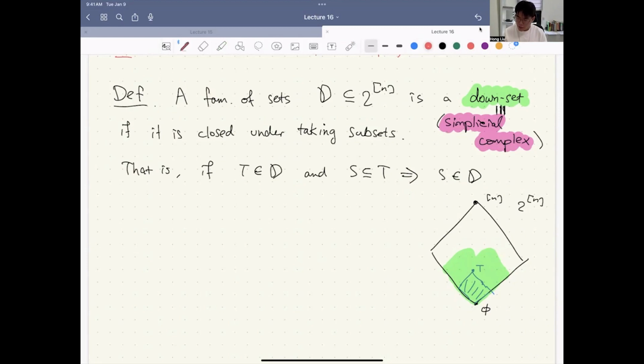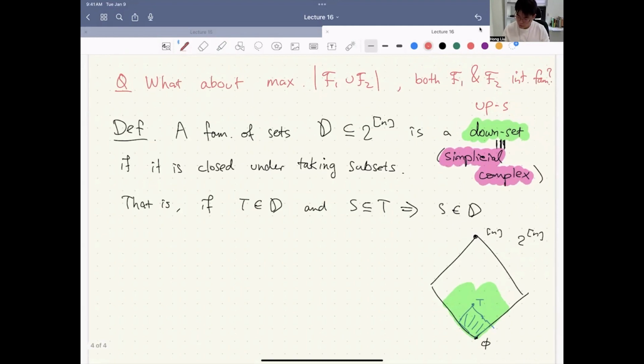Now, similarly, one can define upsets. An upset is a family that is closed under taking supersets. Meaning if T is in, let me use U for the upset, shall we?